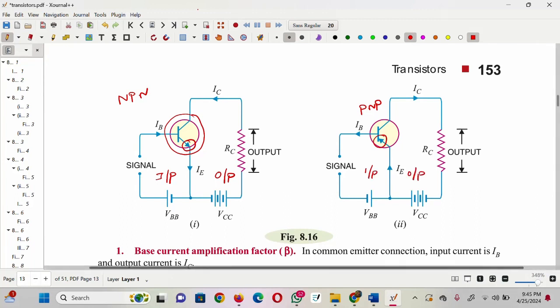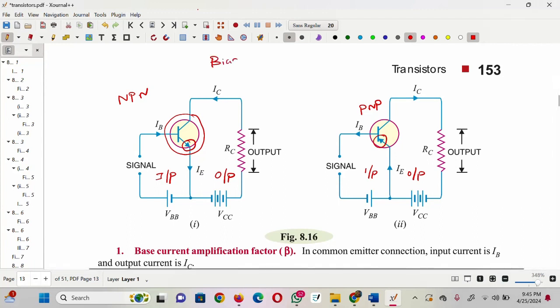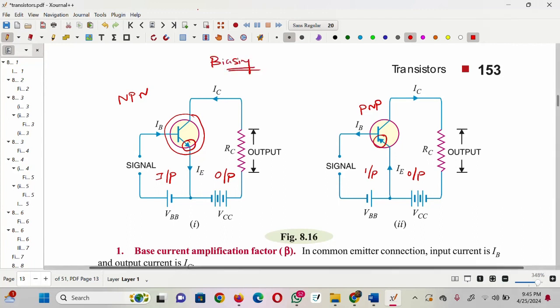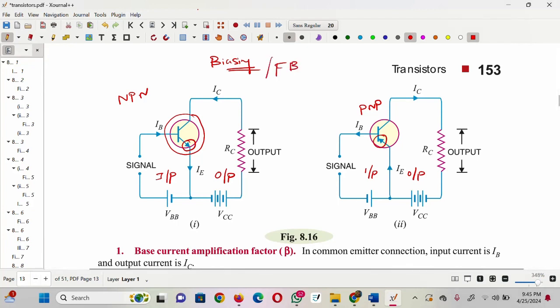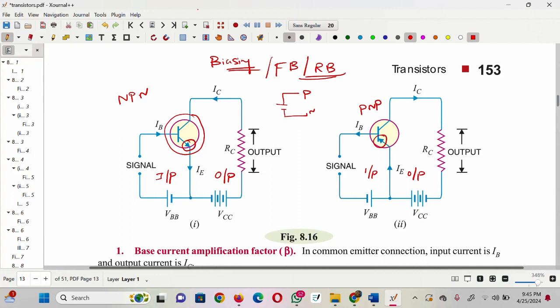We are going to give one signal to the transistor through the condition of biasing. Biasing means applying the voltage. Forward bias and reverse bias, that we also discussed in the last class. Forward bias means positive is connected to the positive terminal and negative is connected to the negative terminal. For reverse bias you have to do the opposite, a reverse connection.